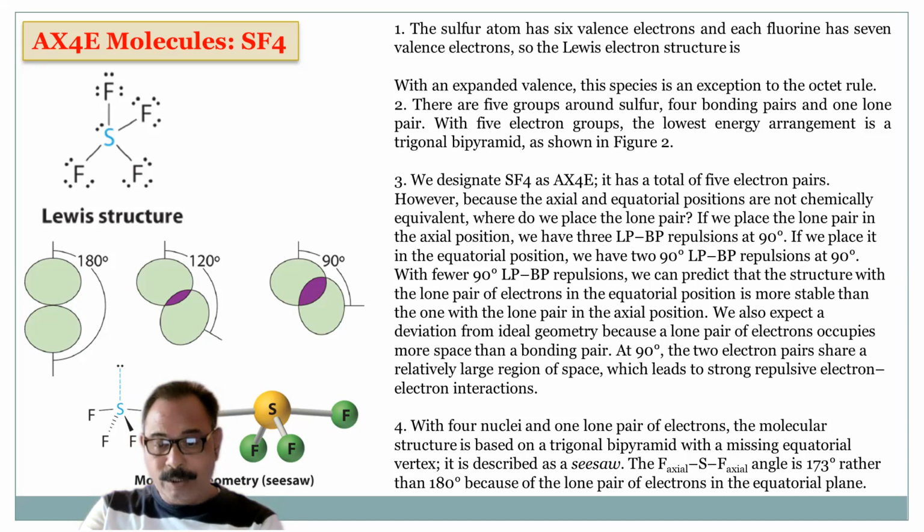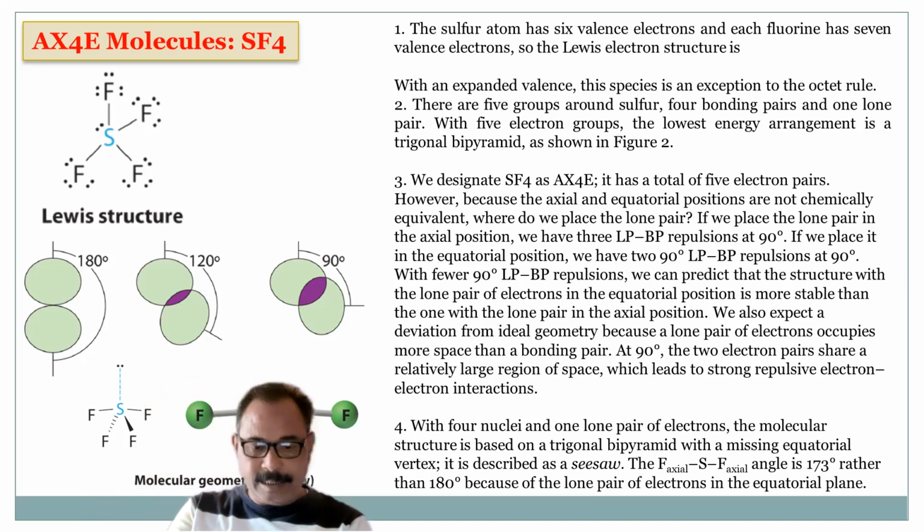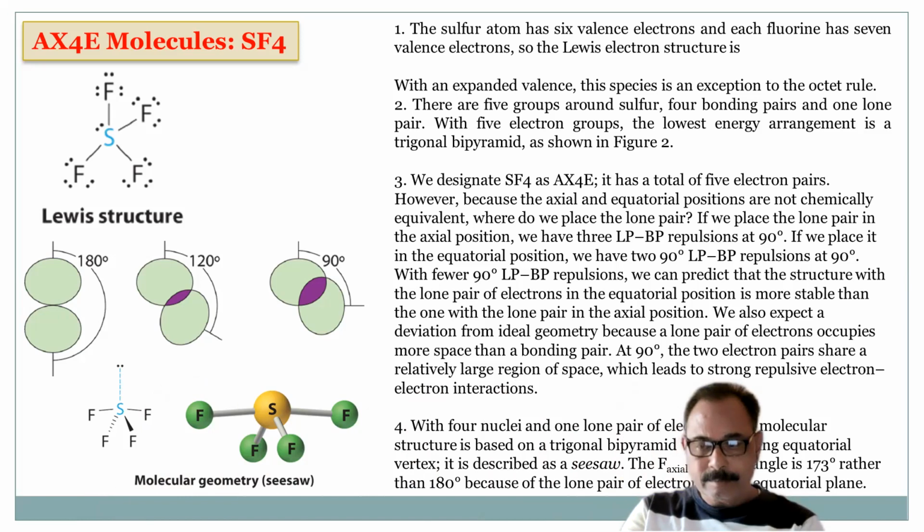The axial fluorine-sulfur-fluorine bond angle is 173° rather than 180° because of the lone pair of electrons in the equatorial plane. You can see here on a diagram that this is a seesaw structure.